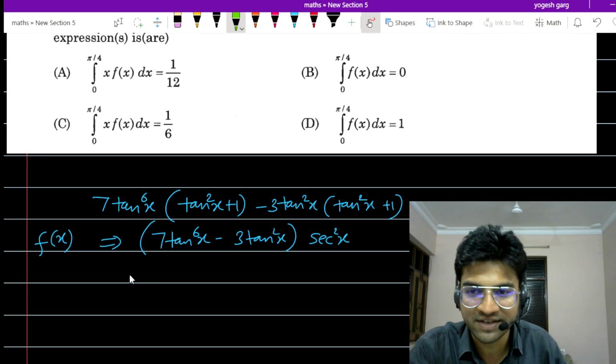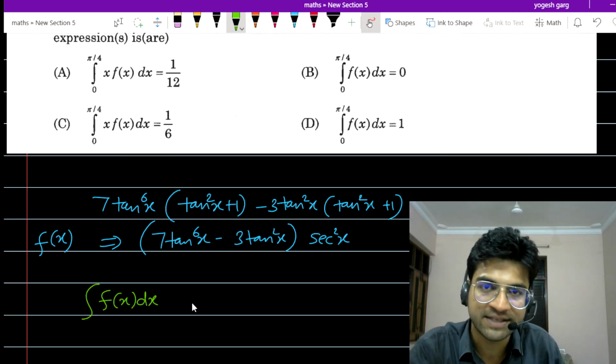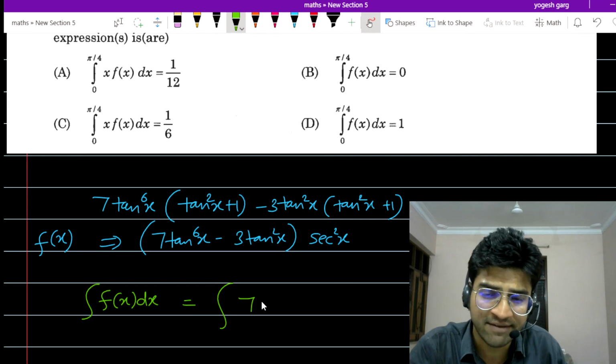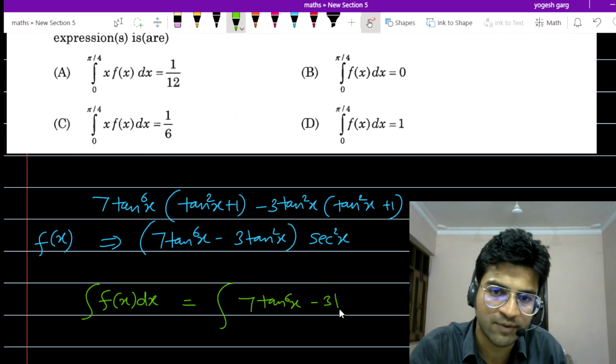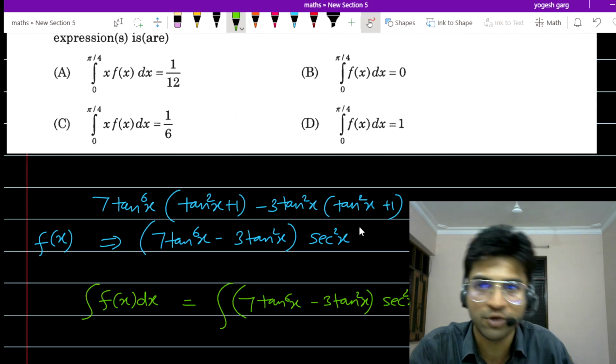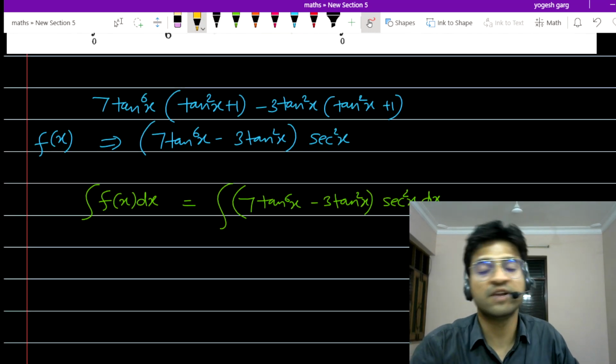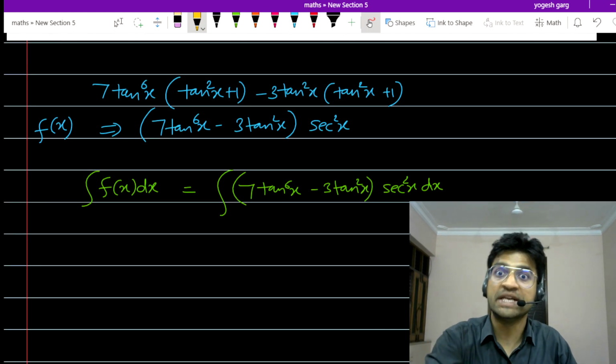If you integrate f(x) dx, this is nothing but (7 tan^6 x - 3 tan^2 x) sec^2 x dx. I hope you are very familiar with this: if we replace tan x by t, sec^2 x dx is dt.